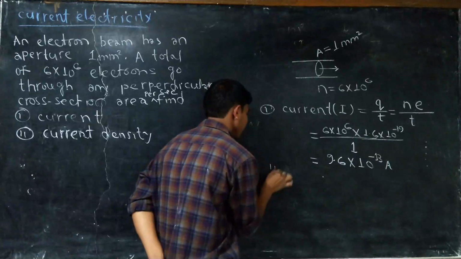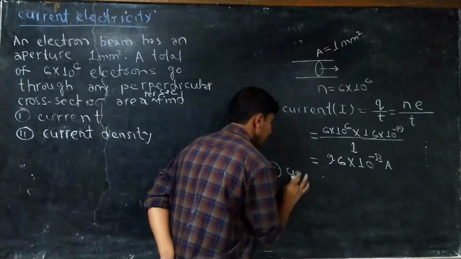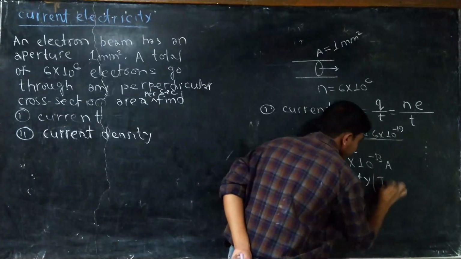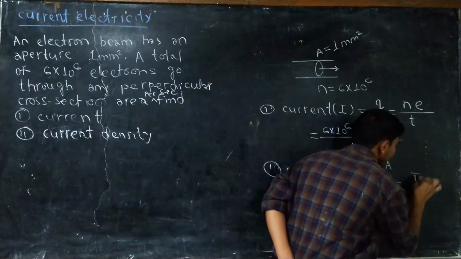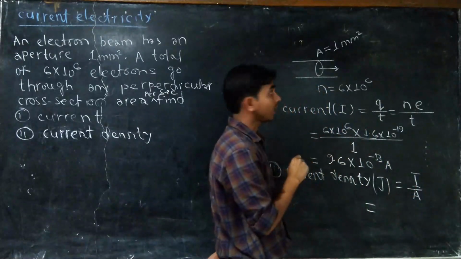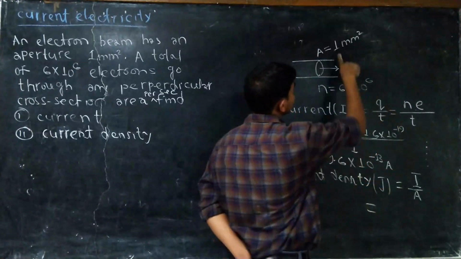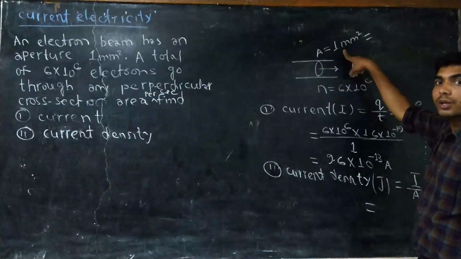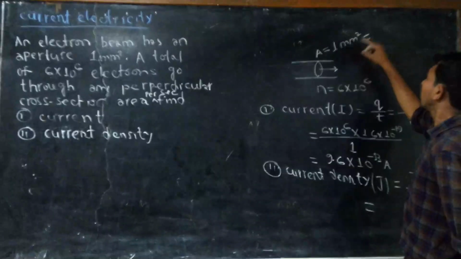Next we have to find the current density. Current density is J, and J is equal to I by A. You calculated I, and the area is given in the question as 1 millimeter square, so we have to convert this area into meter square.